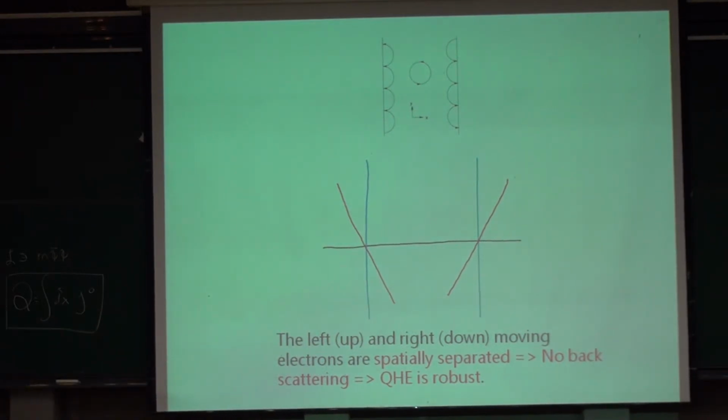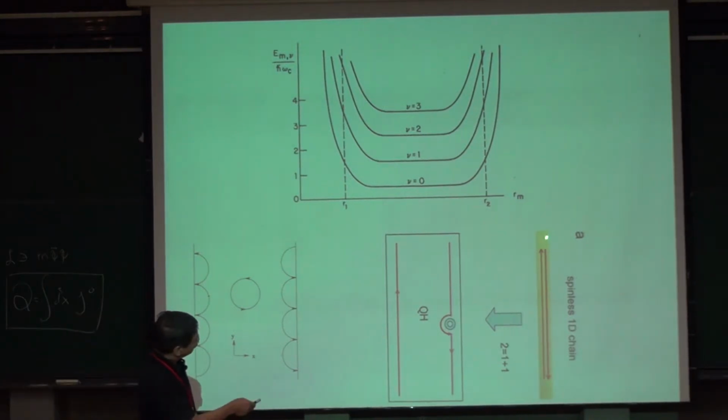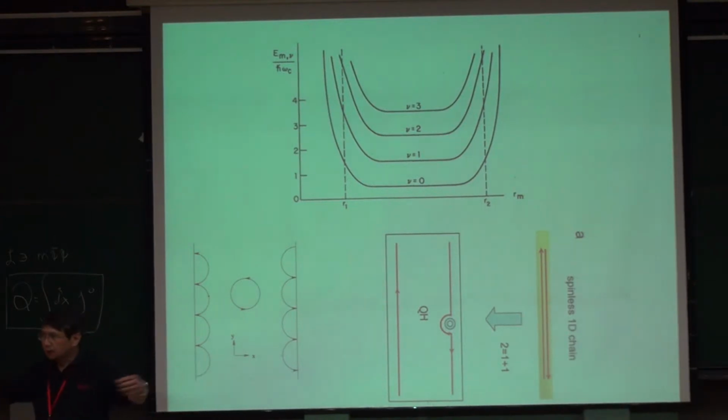Except that in one dimension, the left moving or right moving particles are on the same line, okay? But in quantum Hall effect, the left moving or up moving, right moving or down moving channels are spatially separated.